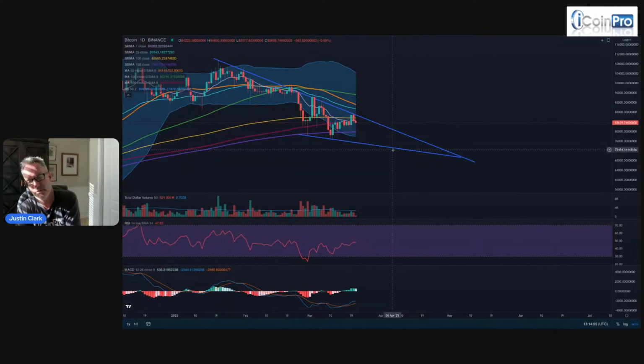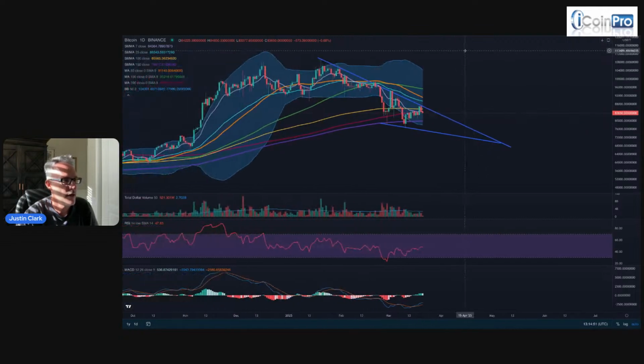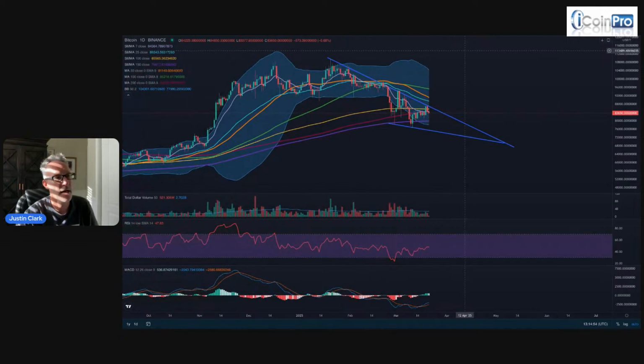So potentially we're forming what's called a falling wedge, which I know the bulls will want that to be the case because that's generally a bullish structure, okay, where we would ping pong, and then break out with volume, heading north. Whether or not we're going to do that, I have no idea, but that's what traditional traders would think.